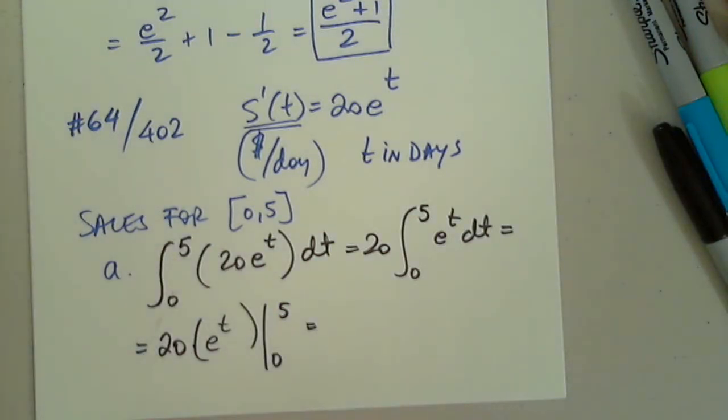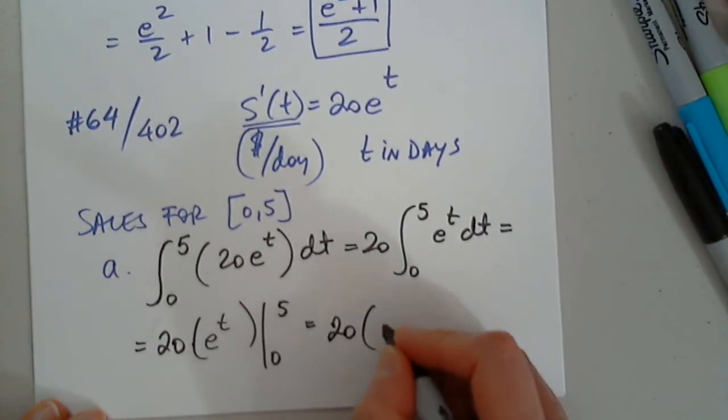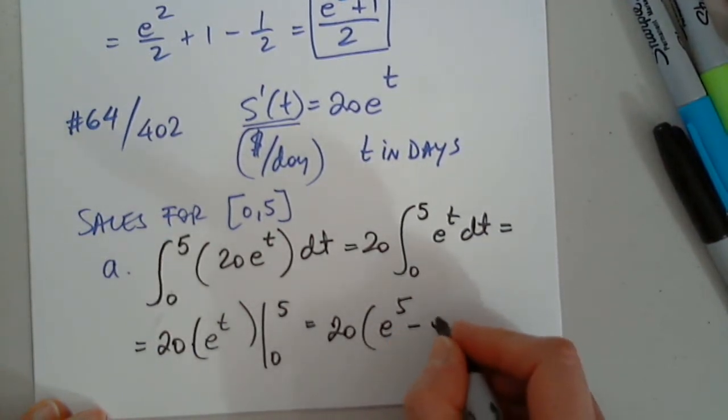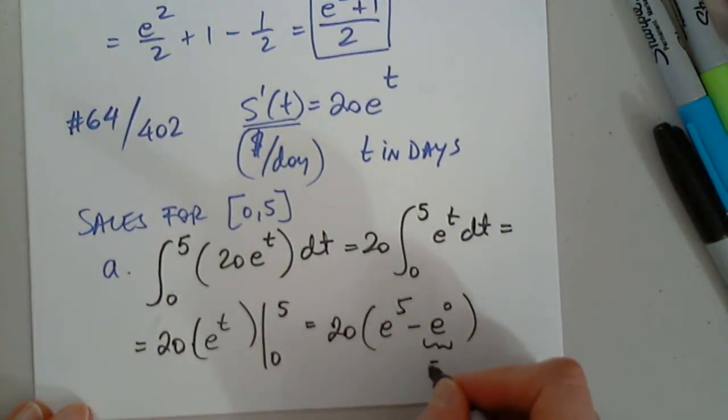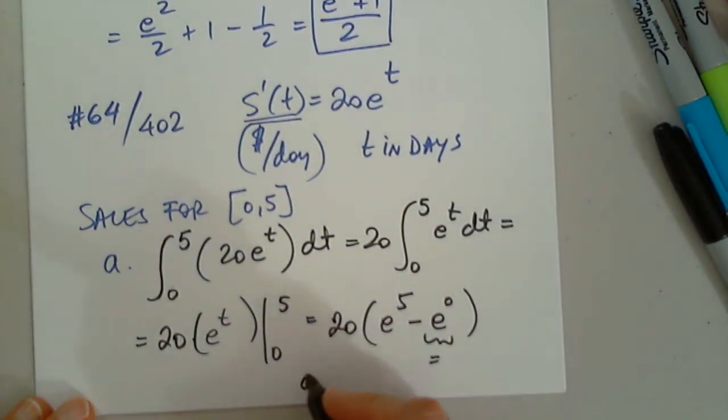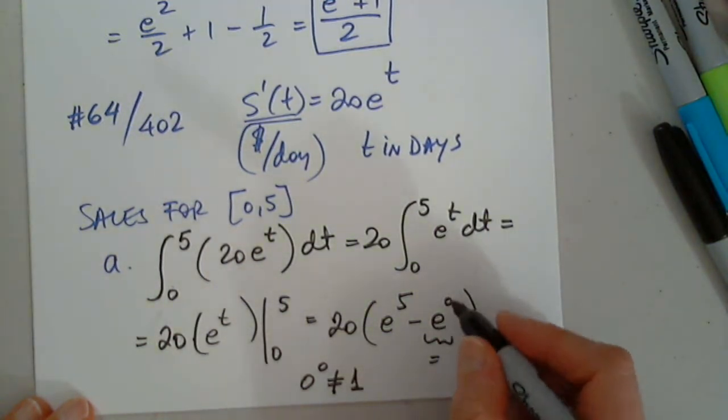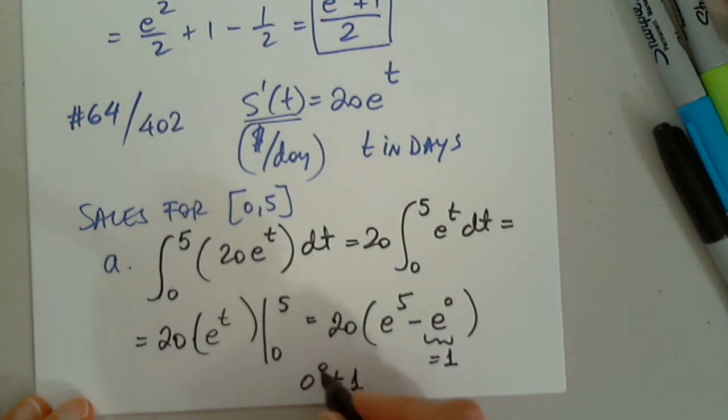I don't want to involve 20 till I finish. So this is 20 times e to 5 minus e to 0. But how much is e to 0? Any number raised to 0, not 0 raised to 0, but any number raised to 0 is 1, except 0 raised to 0.